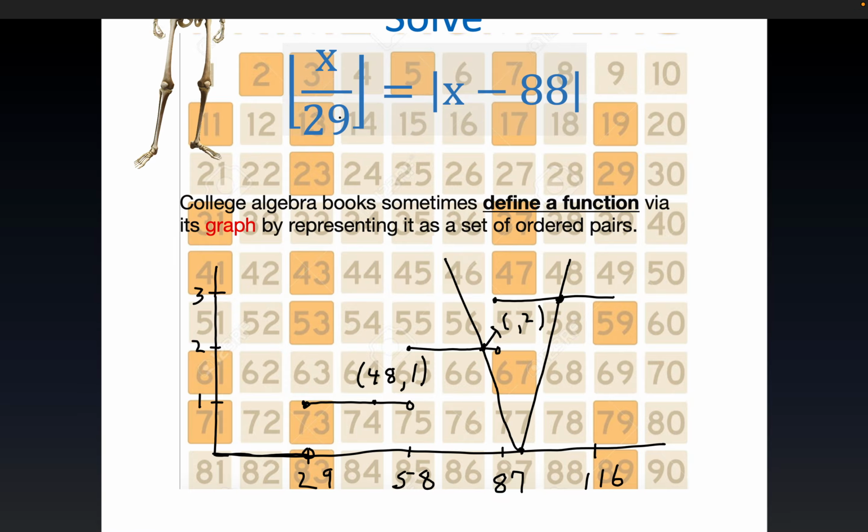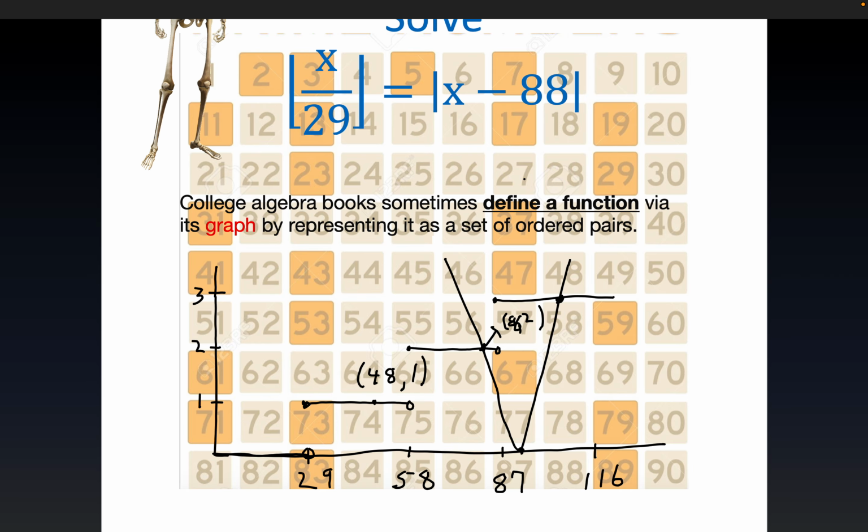Okay, well, the floor function does not care. As long as you're a number between 58 and 87, you're going to have a floor of 2, so it'll take any number you want, but we specifically need 86 right here, right? So we can see right here that this would have to be 86. Okay, 86. And I hope that makes sense.